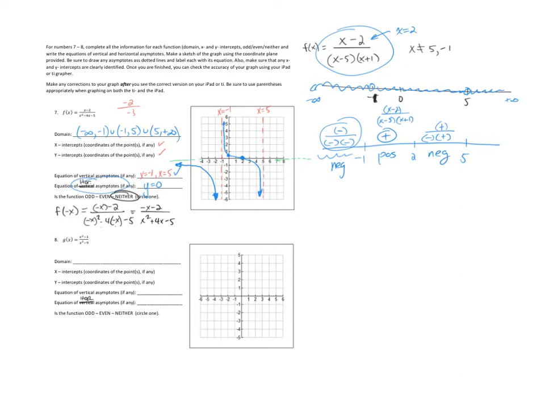Lastly, when we switch over to a number greater than 5, so we're looking at what's happening in this part of the graph, we test a number out here to the right of 5, and everything's going to be positive. Something bigger than 5, like 6 minus 2, 6 minus 5, 6 plus 1. Those are all going to be positive.